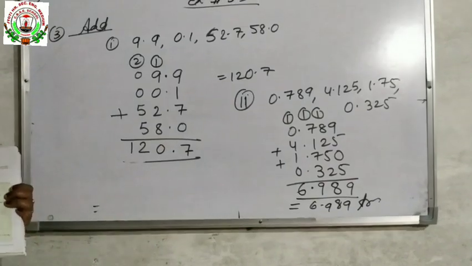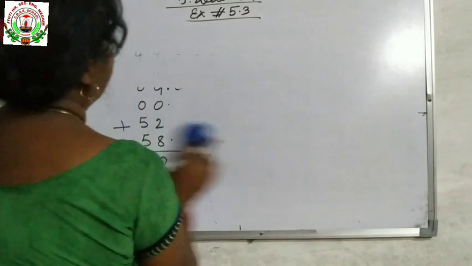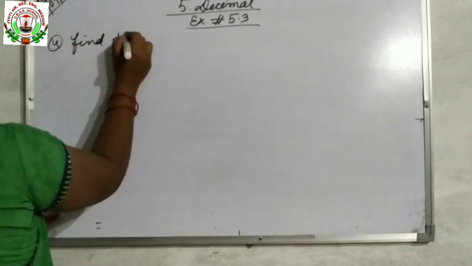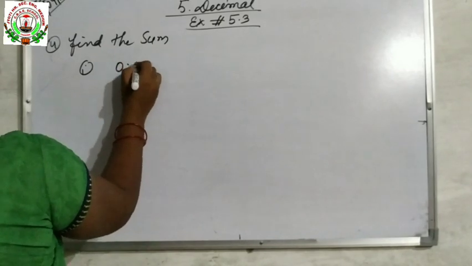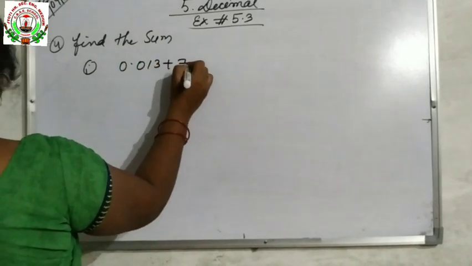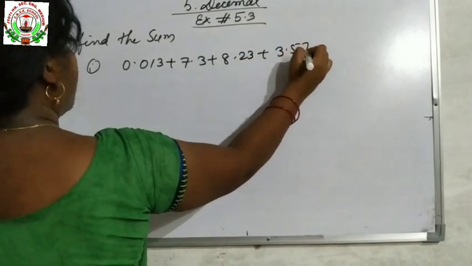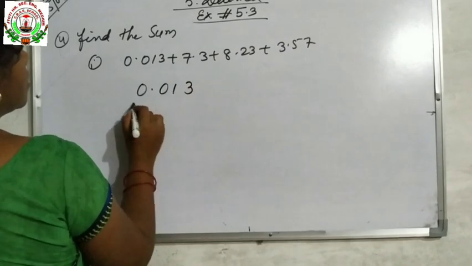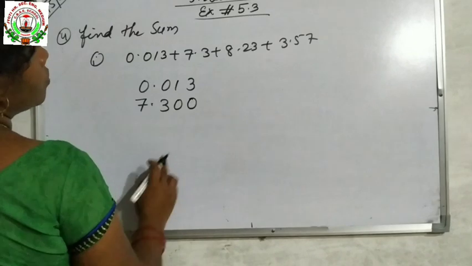Now we will move to question number 4. In question number 4, find the sum. 0.013 plus 7.3 plus 8.23 plus 3.57. First you will write this number 0.013, then this one 7.3. Here is a vacant place, so you will put 0s.